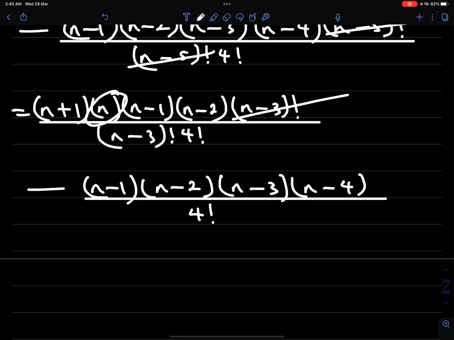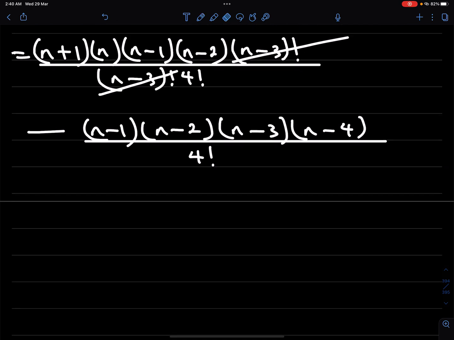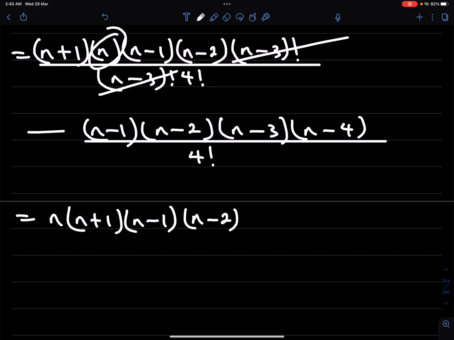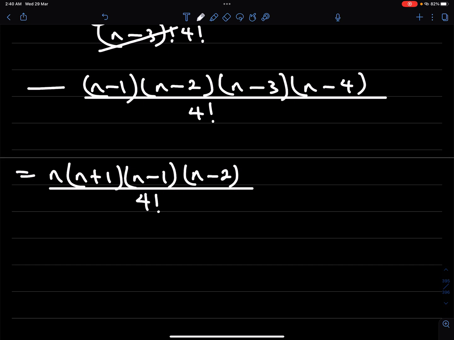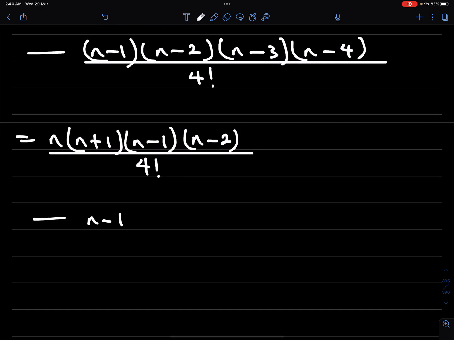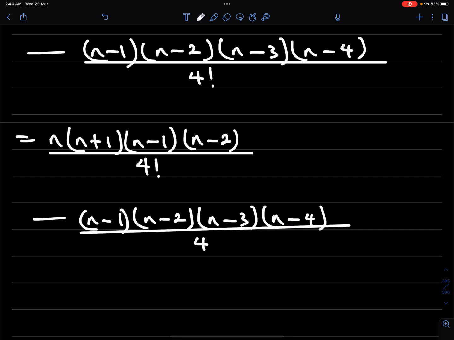So here n minus 3 factorial will cancel n minus 3 factorial and then I'll be left with n times n plus 1 times n minus 1 times n minus 2 over 4 factorial, minus n minus 1 times n minus 2 times n minus 3 times n minus 4 over 4 factorial.